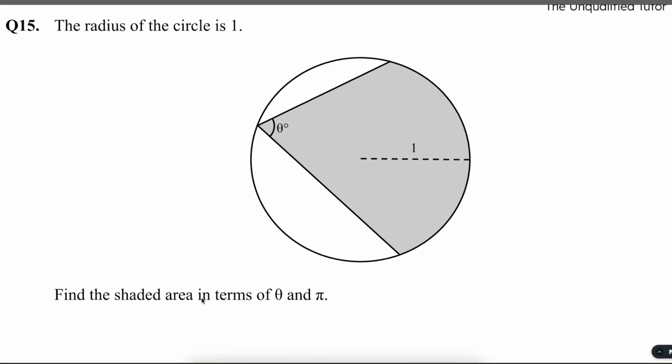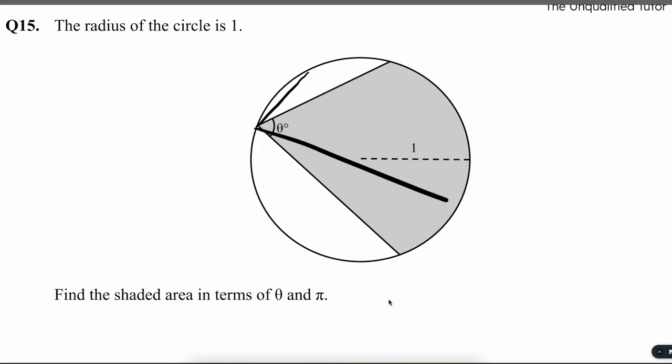It asks for the shaded area in terms of theta and pi. It's not important, therefore, what this angle here is, or this angle here. It doesn't matter what angles each of these lines make with a tangent. So, we know that if this goes up like this, it's going to be the same.